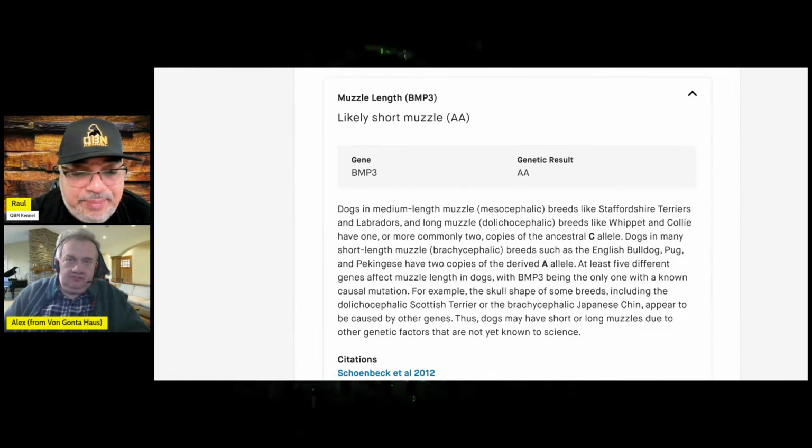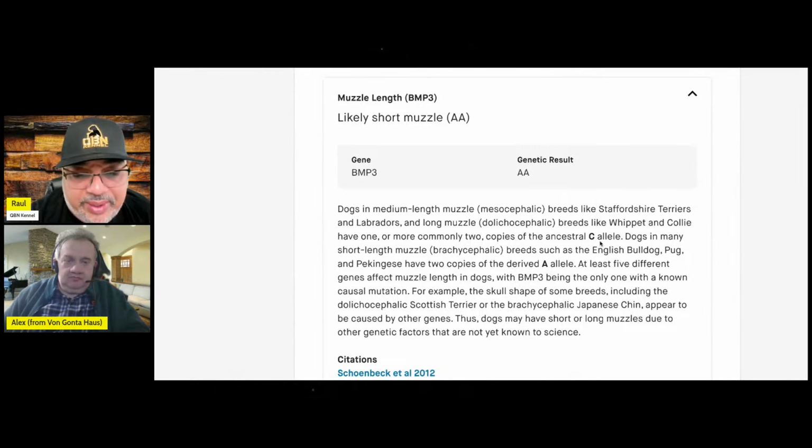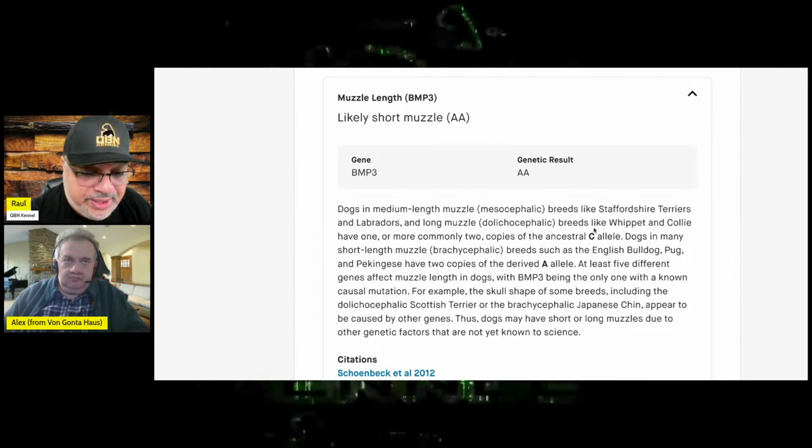The assumption can be made that the A allele is for a shorter muzzle in the American Bully, whereas if you have a C instead of an A, you're going to have a medium to longer muzzle.